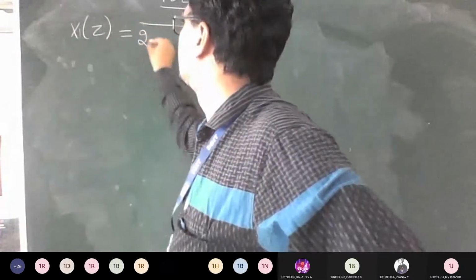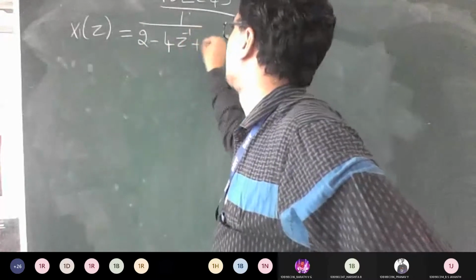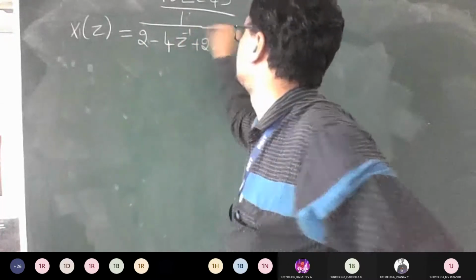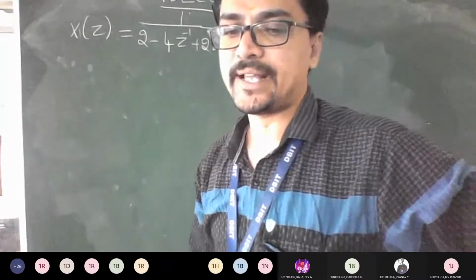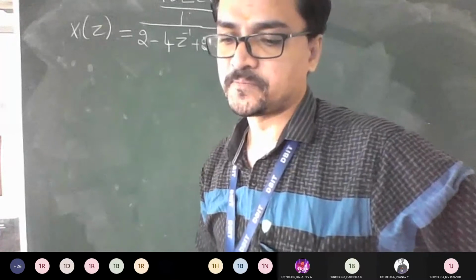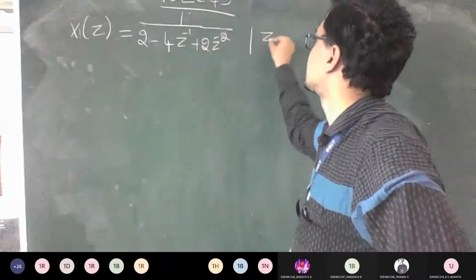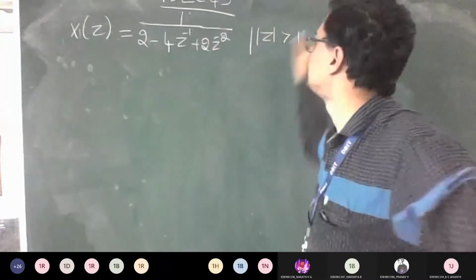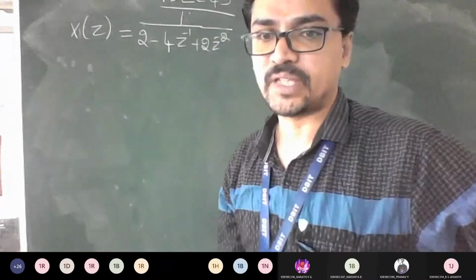X of Z is equal to 1 divided by 2 minus 4 Z raised to minus 1 plus 2 Z raised to minus 2, by long division technique, with the condition ROC exists for Z greater than 1. I hope you can solve this, everyone.